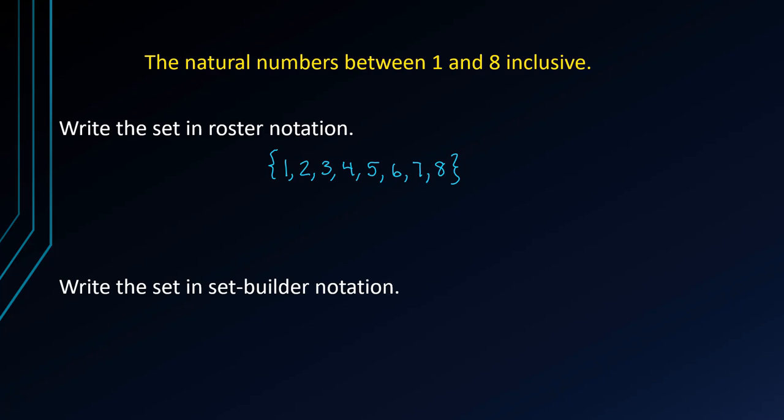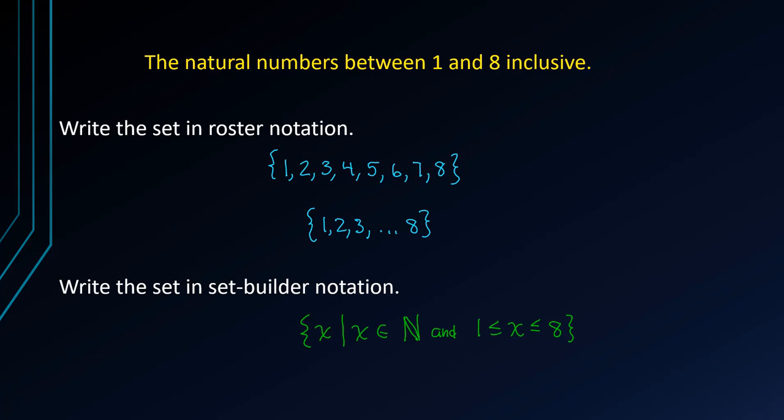Again, since it is a little bit of a longer list, it would make a little bit more sense in a situation like this to maybe write it with the ellipsis again. So that's one way of writing it with an ellipsis. Now try building it in set builder notation. In set builder notation, not too much different than the previous one.